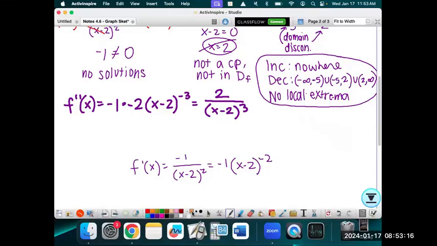Okay, so let's go ahead and do everything that our second derivative will get us. So points of inflection and our concavity. Remember, to find points of inflection, that is where the second derivative equals 0 and has a sign change. So not only do we want to find a solution, but we have to test that on our second derivative number line.